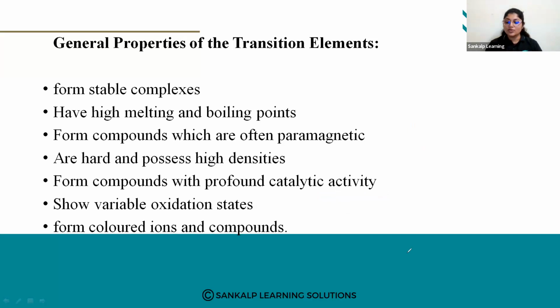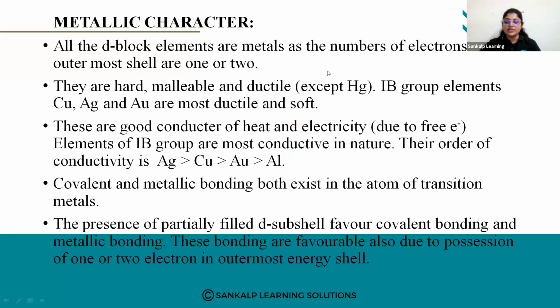Next, we'll see the metallic character. Okay, how is the metallic character of D block elements? All the D block elements are mostly metals, as we have discussed, as the number of electrons in the outermost shell is 1 or 2.